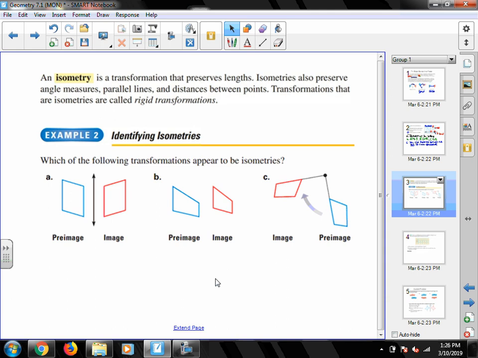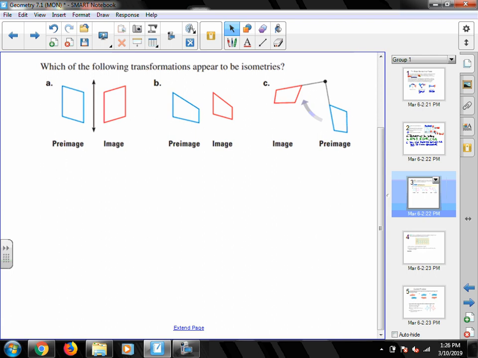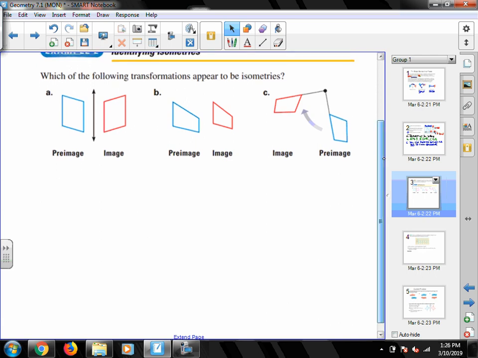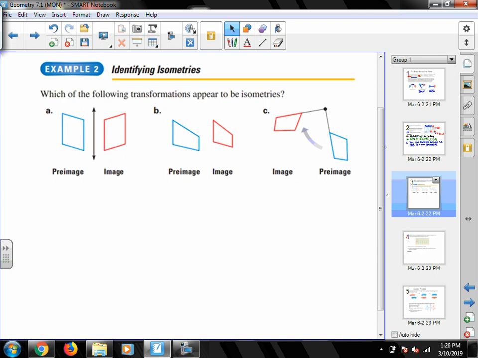So looking at an example here, which of the following transformations appear to be isometries? And hopefully this shows up better on the video than it does on the projector that I'm looking at right now. I know it shows up okay in your own notes. So which one of these are isometries? They tell you which one is the pre-image and the image, so that helps.